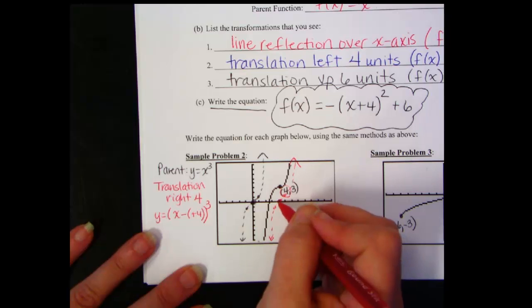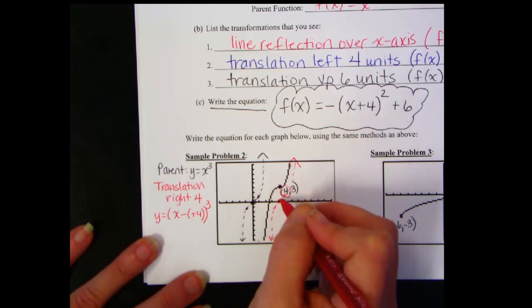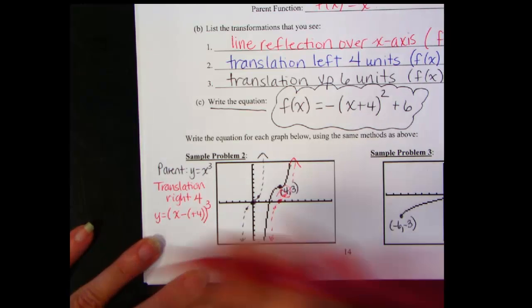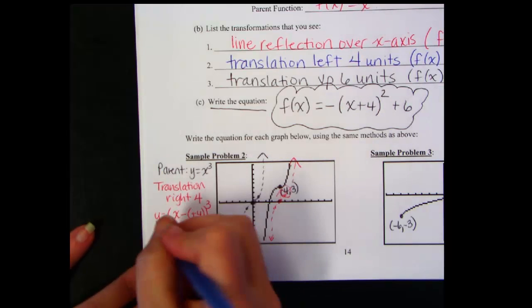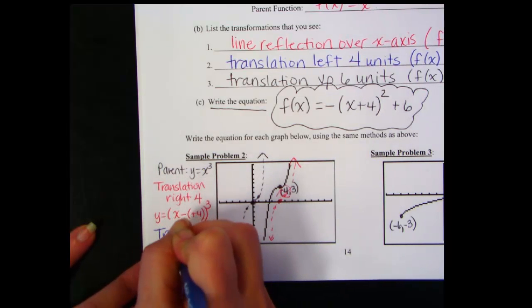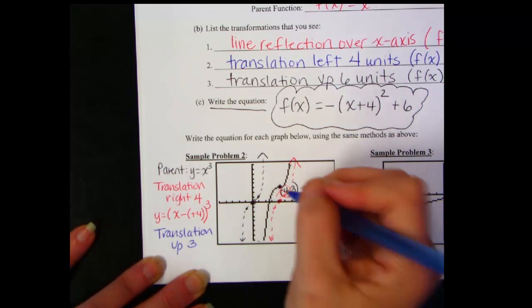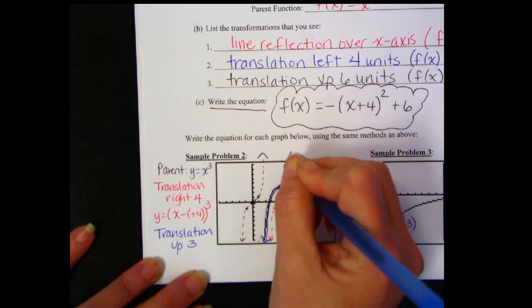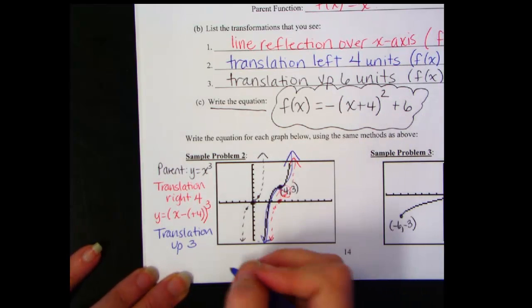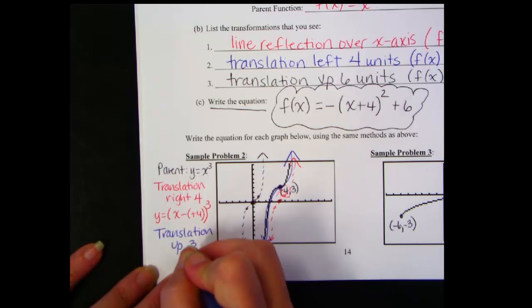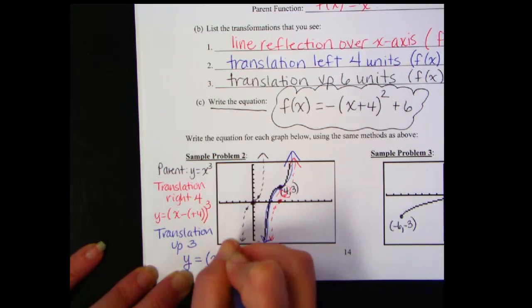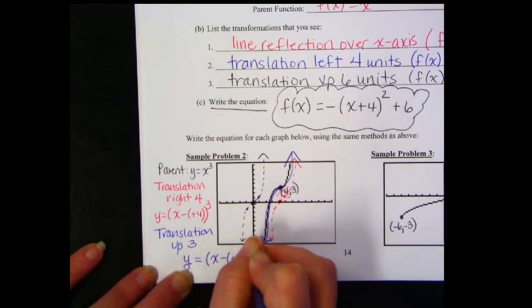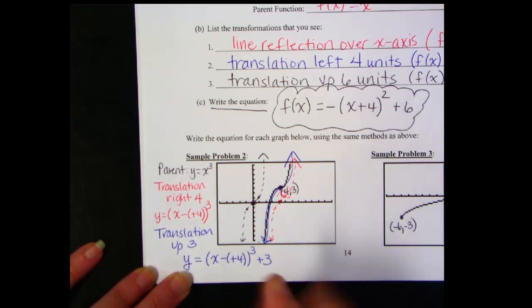Then I want to take that parent, or that new child, and move it up 3 units. So that is a translation up 3 units to get from my red graph up to this final graph that I was given. And so in my equation, I add the plus 3 at the end. Y equals x minus a positive 4 all cubed plus 3.